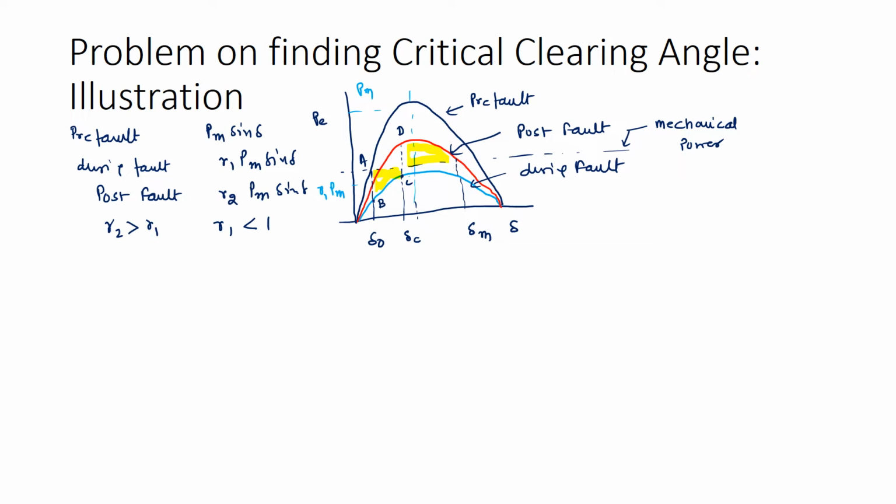So, when we mark it, let me say this is K and this is N. Now, we can apply the equal area criteria.